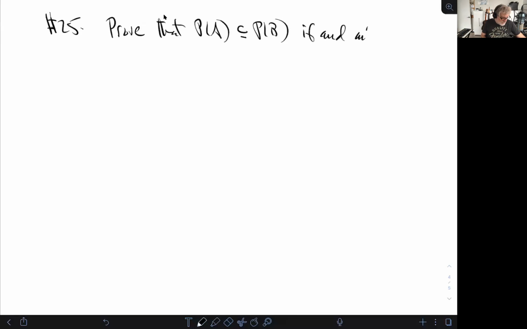So for example, if you look at number 25, the question is: prove that P of A is a subset of P of B if and only if A is a subset of B. Okay, so now I haven't discussed this yet, this notion of proving a statement of the form "this if and only if this."